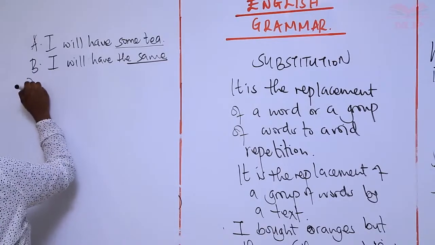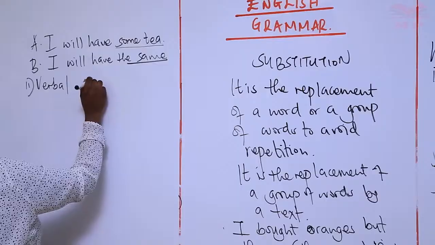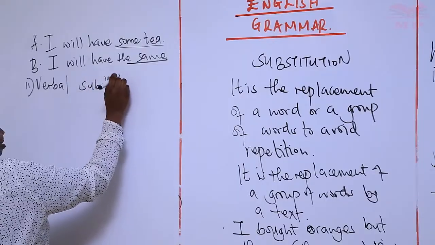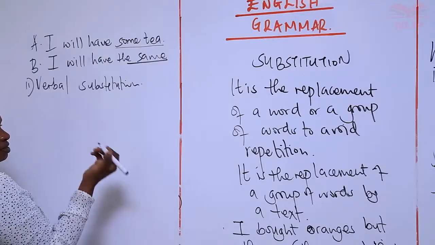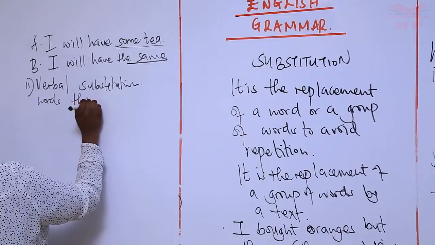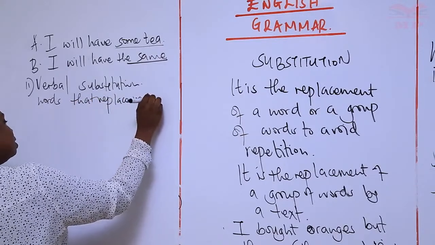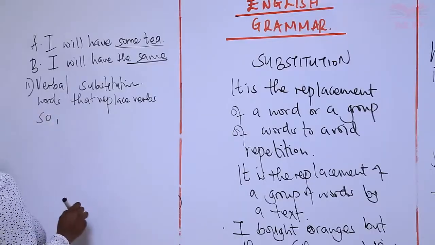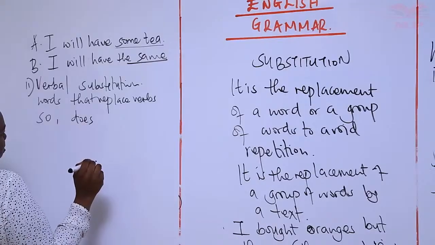Number two, we have verbal substitution. So here we have words that replace what? Verbs. That replace verbs, and they include so, does, okay.